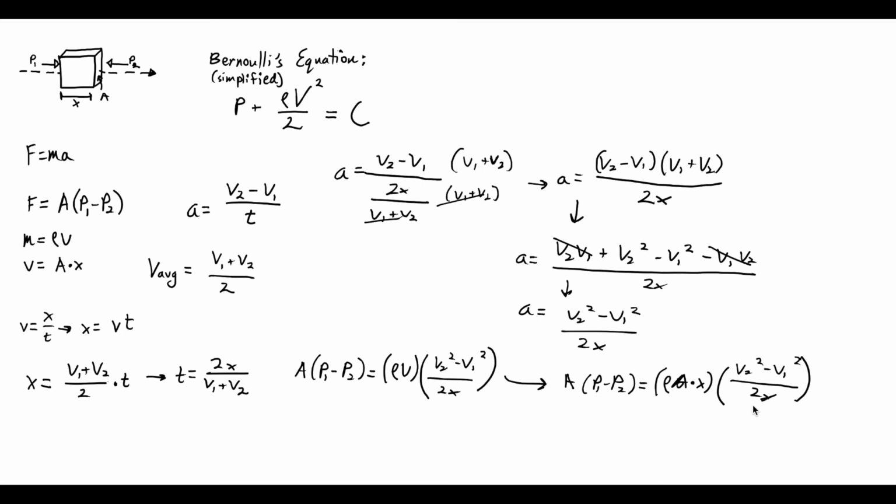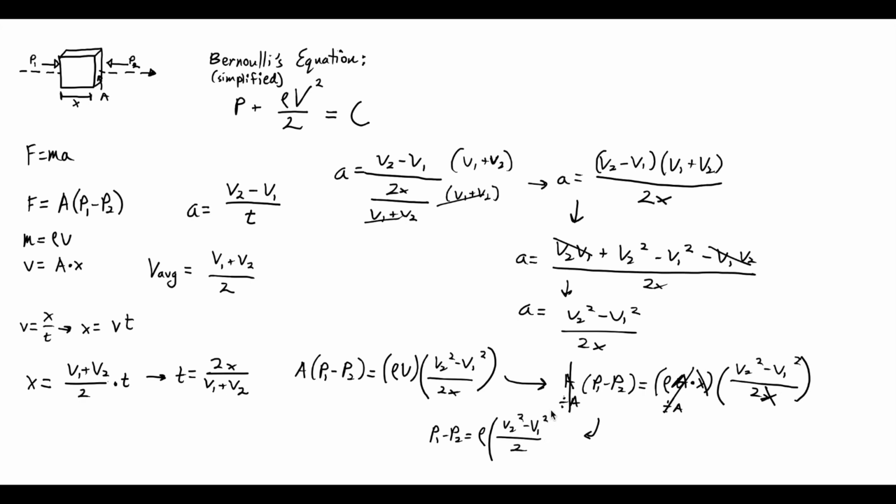Our x's cancel out, and if we divide both sides by area, we cancel out the area too, and we're left with P1 minus P2 equals rho times v2 squared minus v1 squared over 2.